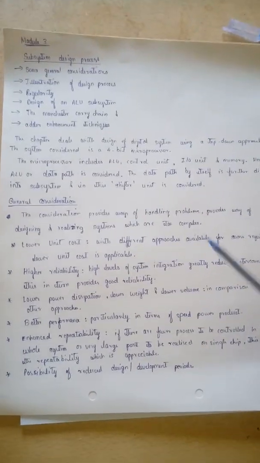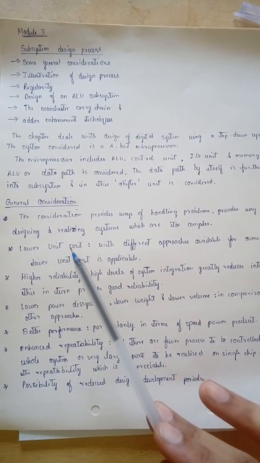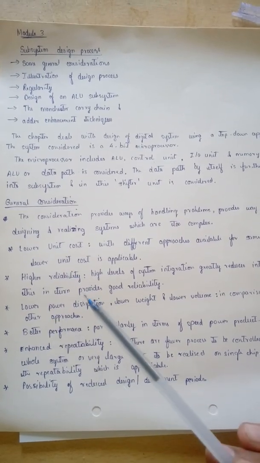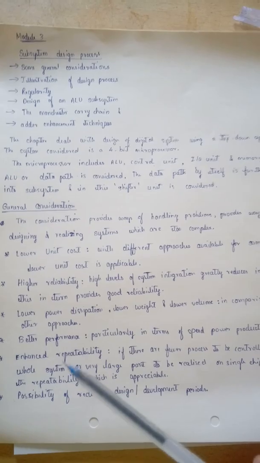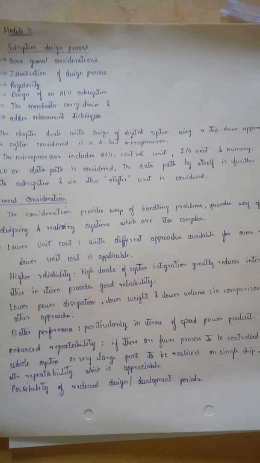These are some of the general considerations you come across. First one is lower unit cost, then higher reliability, low power dissipation, better performance, enhanced repeatability, and possibility of reduced design and development periods. These are the general considerations which are followed.